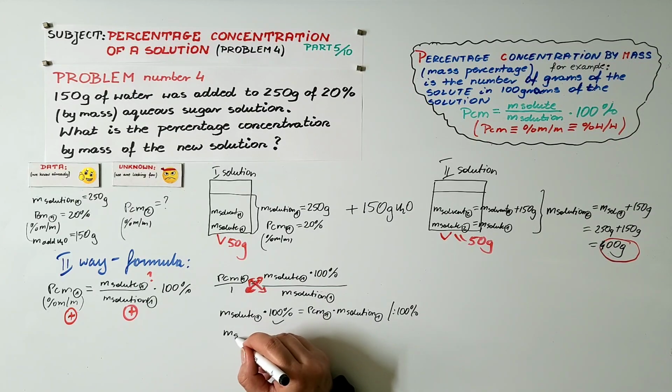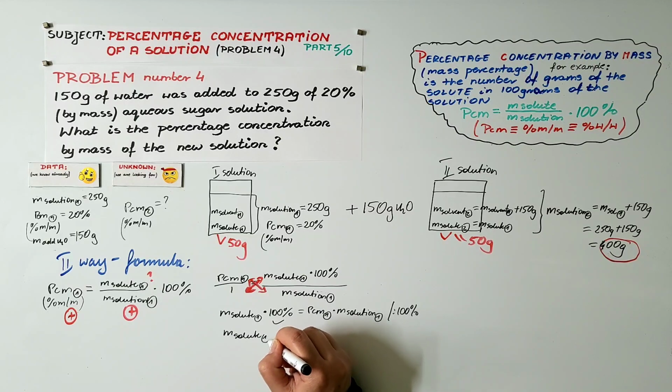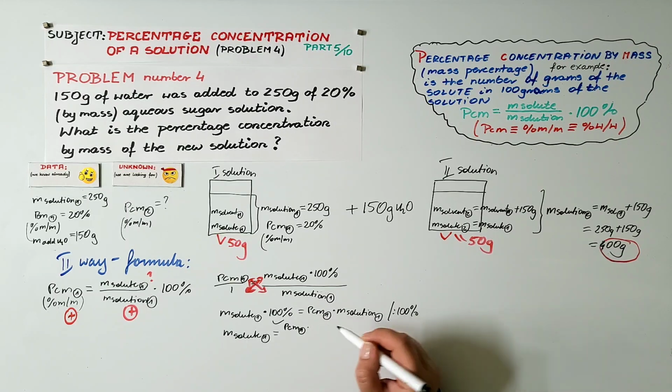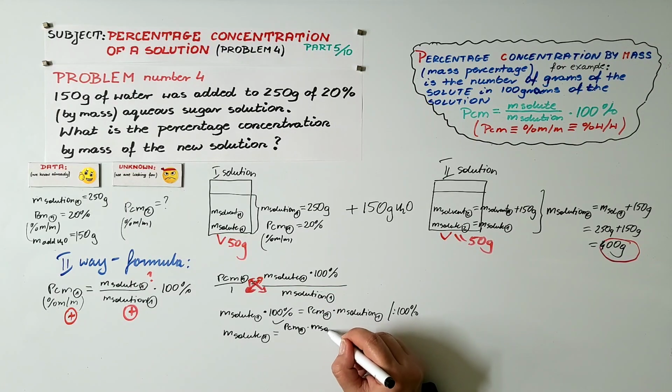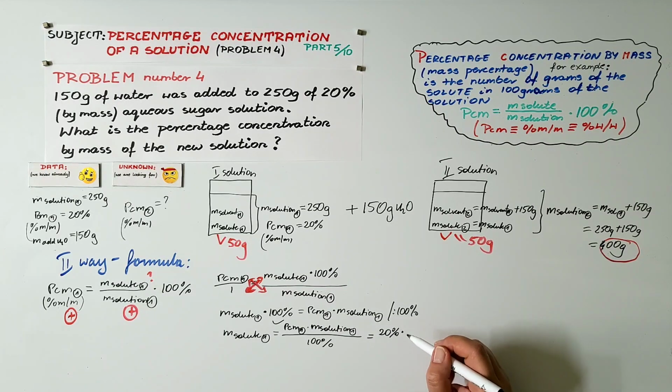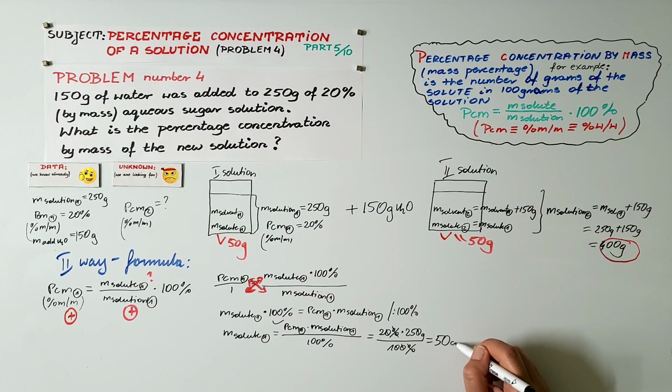So mass of solute 1 equals PCM1 times mass of solution 1 over 100%, equals 20% times 250 grams over 100%, equals 50 grams of solute.